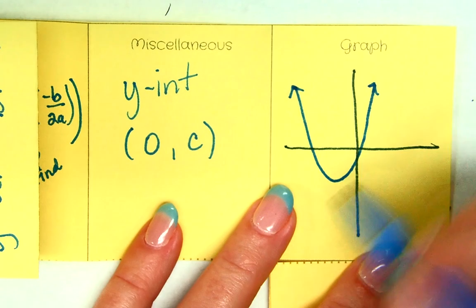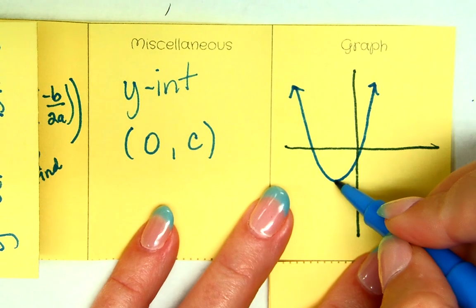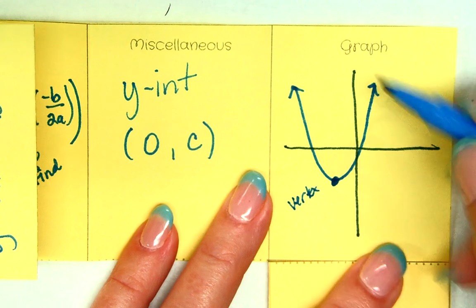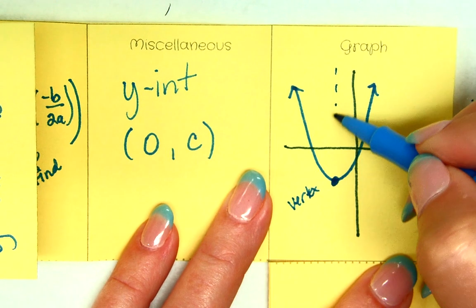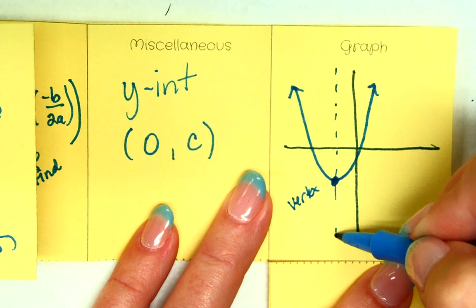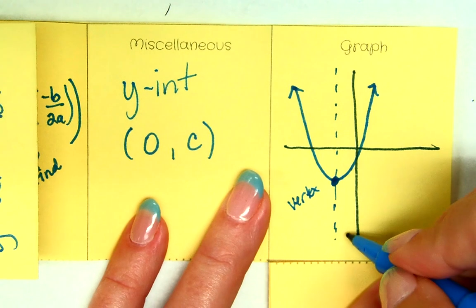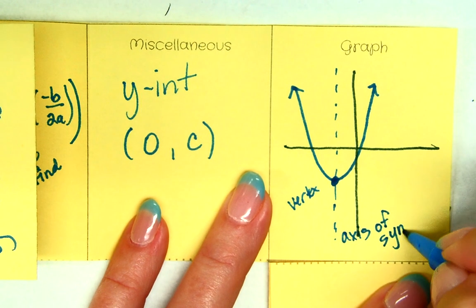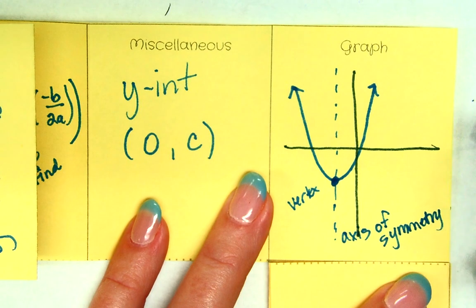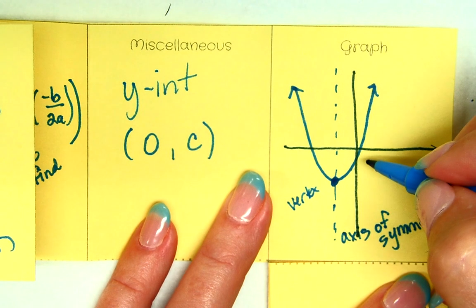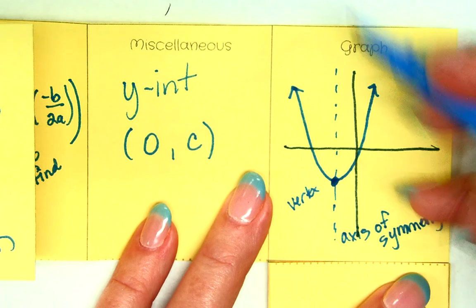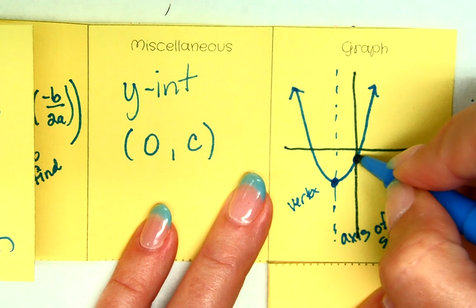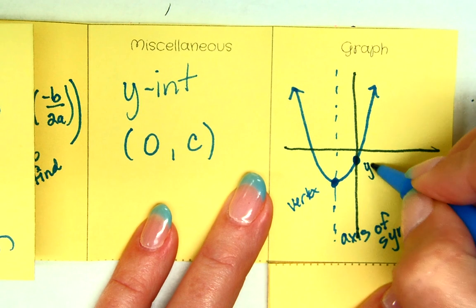So the things that we can know by standard form are the vertex, the axis of symmetry, and what else can we know? The y-intercept. And where's that? Yeah, it's where it crosses the y-axis, right? That's at 0, c, and that's the y-intercept right there.